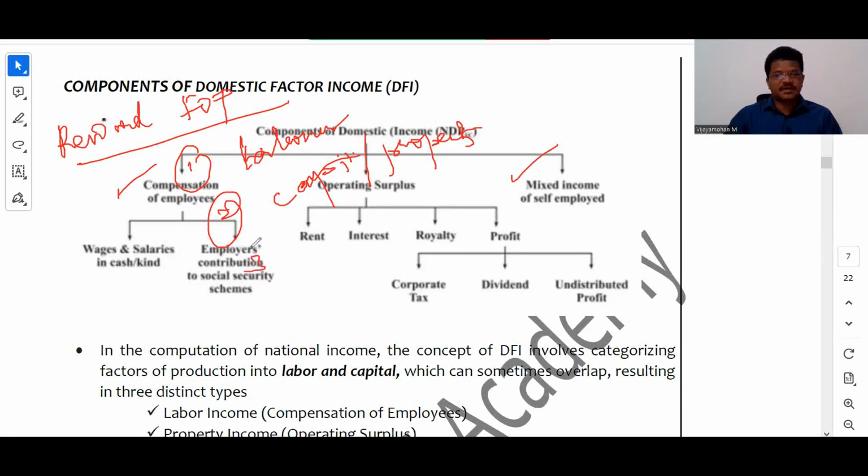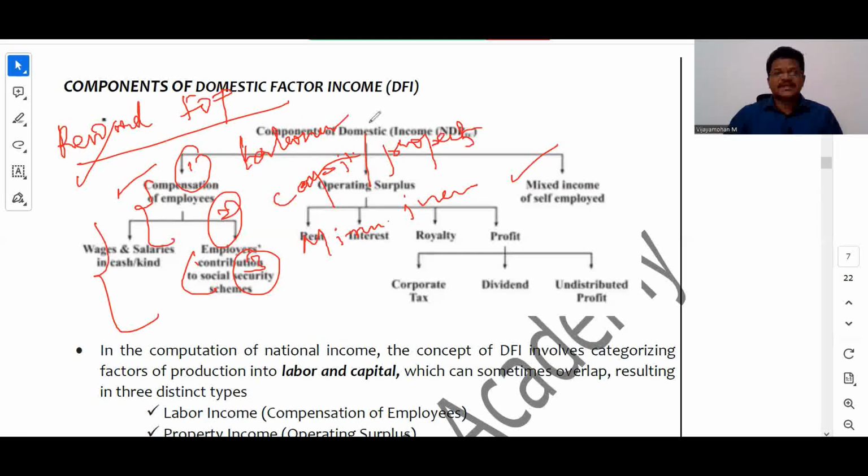And if a person is getting income from a combination of these two aspects, then it will be considered as mixed income, right? So basically, rewards for factors of production can be divided into two things. If you combine these two, you get one more. So basically, three types of rewards of income.